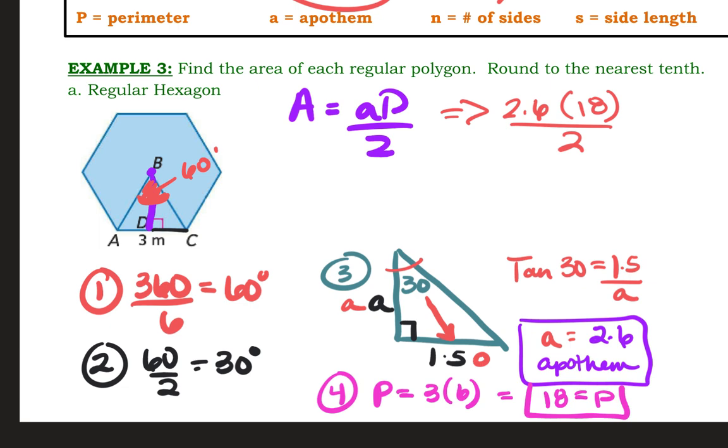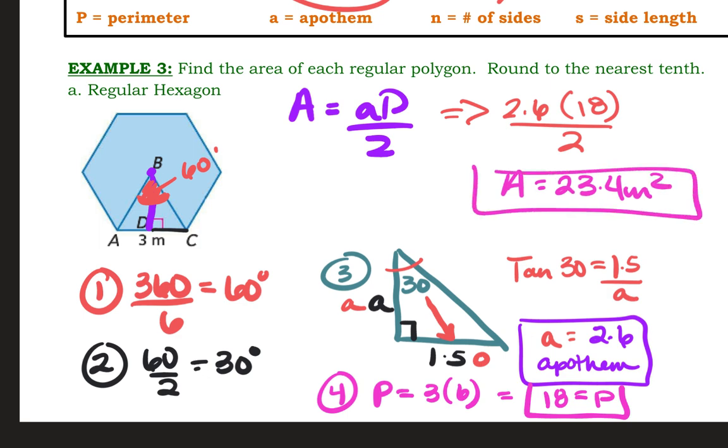All right, so the area for this one comes out to be 23.4. Now, you could have done, again, the base times the height divided by 2 times 6. It would be the same process. It would just look slightly different, but you are doing the exact same formula, if you want to go about it that way.